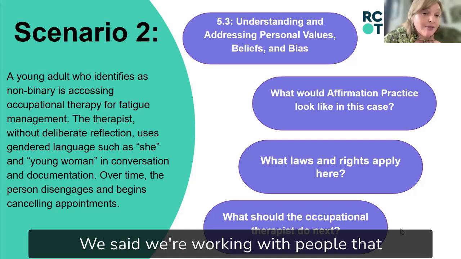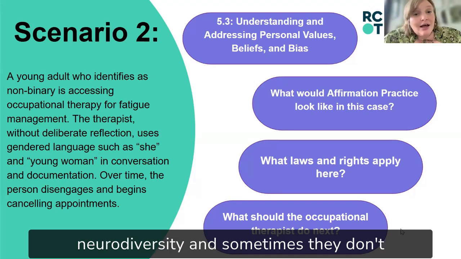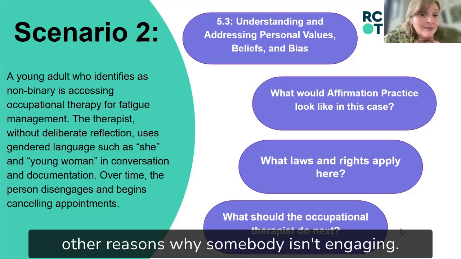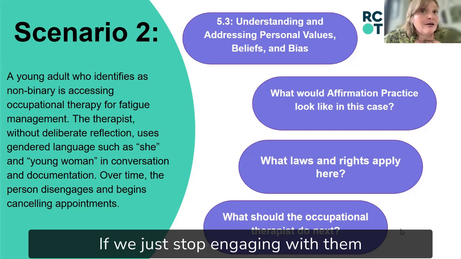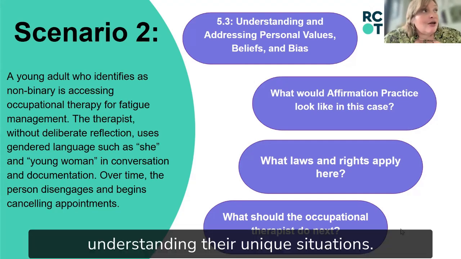We said we're working with people that have severe mental illnesses, have neurodiversity, and sometimes they don't remember an appointment, or there's lots of other reasons why somebody isn't engaging. If we just stop engaging with them because they've missed 3 appointments, that's not really understanding their unique situations.